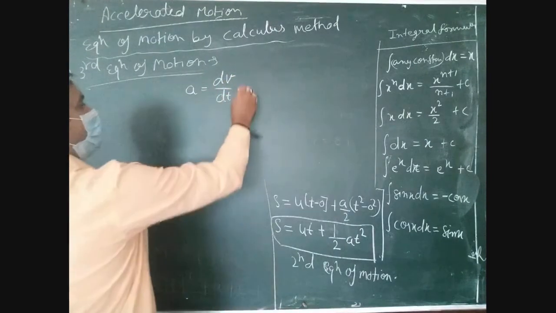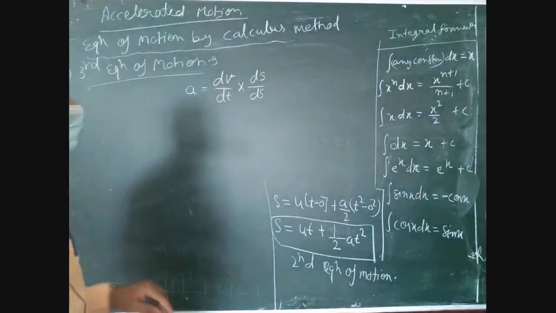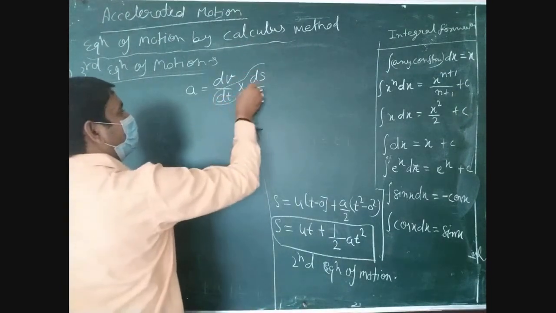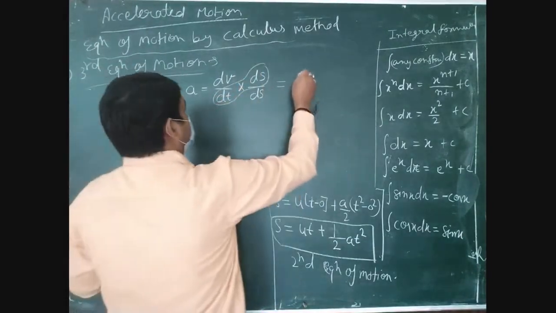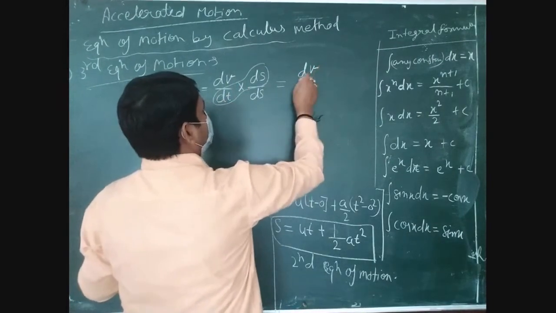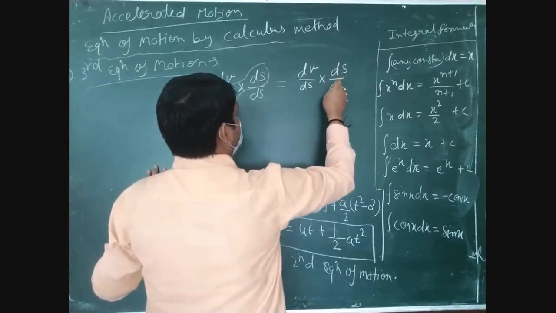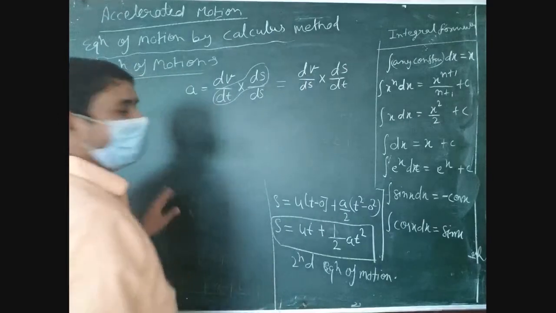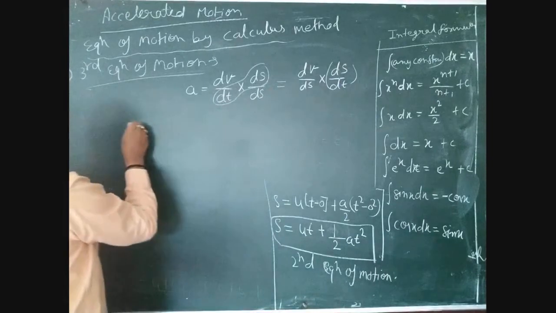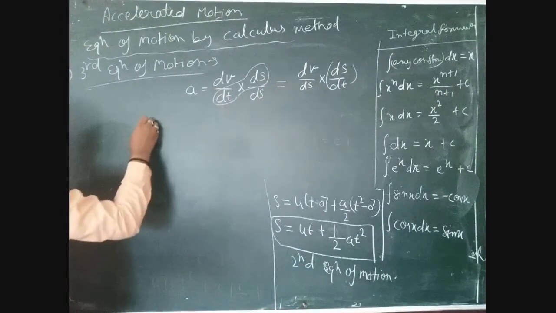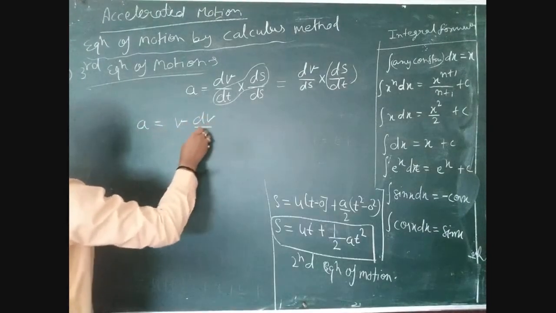Now just multiply and divide by a small displacement ds. This term is taken separately, like dv upon ds into ds upon dt. Now you know that ds upon dt is v, therefore you will get a is equal to v dv over ds.